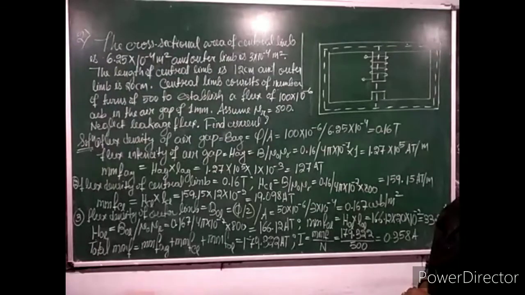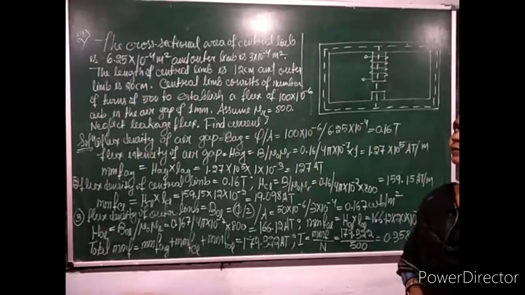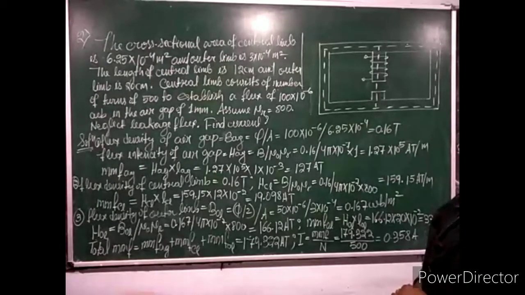To establish a flux of 100 into 10 to the power minus 6 Weber in the air gap of 1 mm, assume relative permeability is 800, neglect all leakage flux, and here question is to find current.